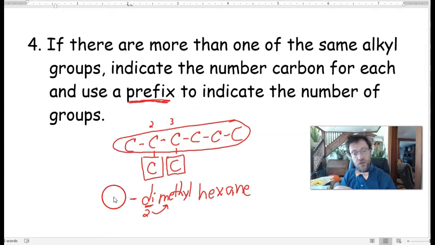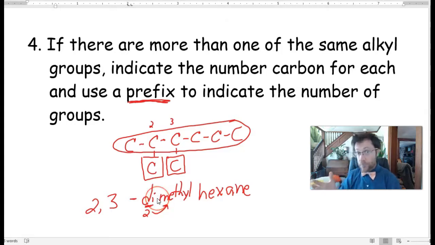No, so it's going to be 2,3-dimethyl hexane. Who, what, where, with how many, if there's 2. So remember, if there's more than one alkyl group, we use a prefix to indicate how many, but we still have to number exactly which ones.